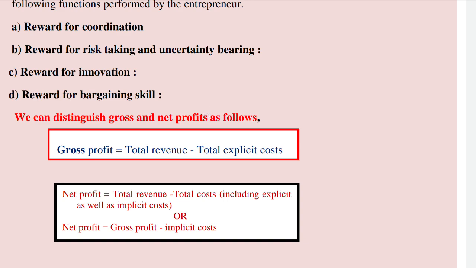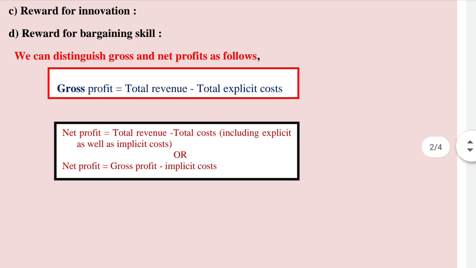Okay friends, I hope by means of the above discussion you are convinced, and I have prepared here the aspect to convince you people, that is, we can again distinguish gross profit and net profit in the following manner. Here there are two equations. Gross profit is equal to total revenue minus total explicit cost.